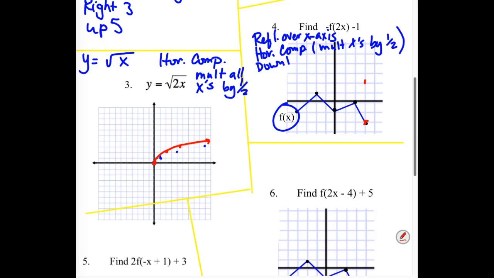Okay, so we're up here. Then it says compress it horizontally. Well, right now my x-coordinate is a 3. I need to times that by 1/2. 1/2 of 3 would be 1.5. So now it's moved to here. Yes? And then down 1 puts me here. That's my final dot.